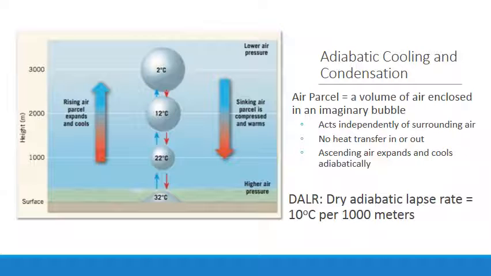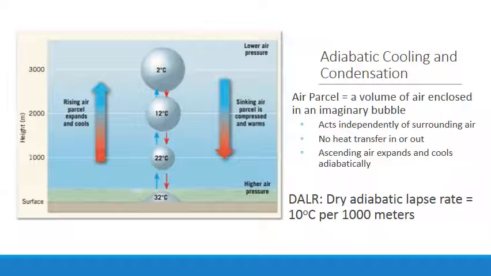But talking about adiabatic cooling and condensation, imagine a volume of air enclosed in a thin balloon. In meteorology, we call this an air parcel. Typically, we consider a parcel to be a few hundred cubic meters in volume.